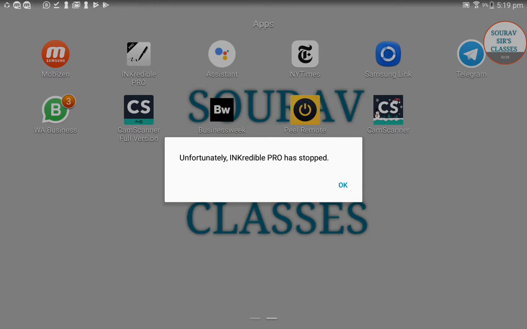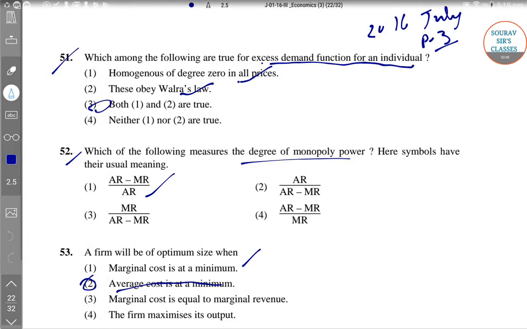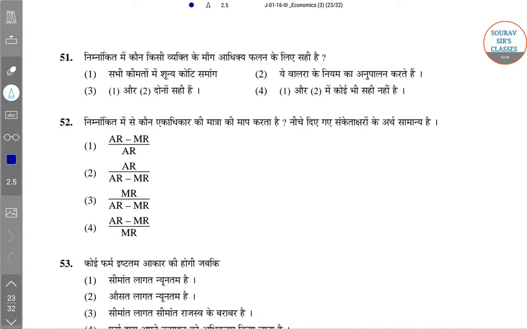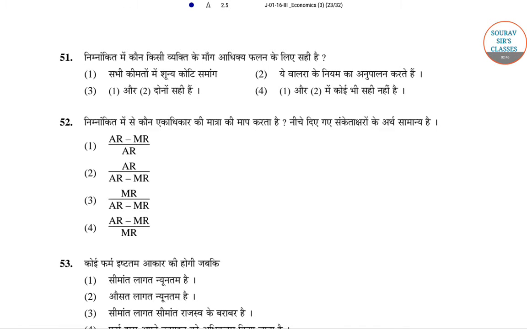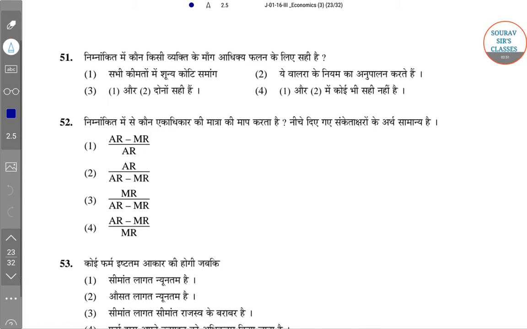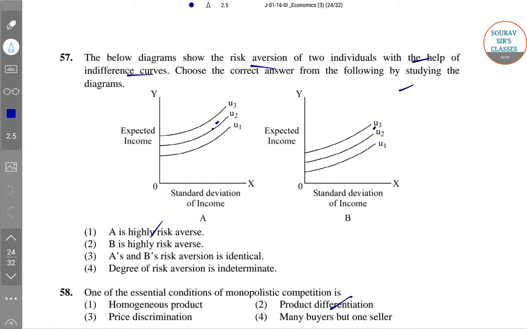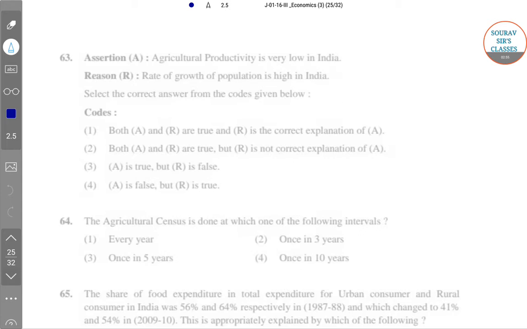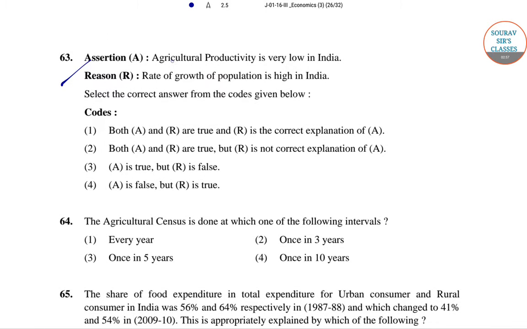Now we'll go to the next question, question number 63. Agricultural productivity is very low in India. Rate of growth of population is high, but this is not the right reason for this. So the right answer would be option 2.